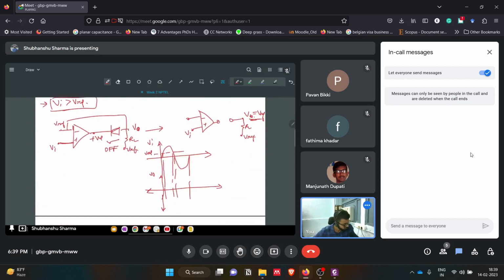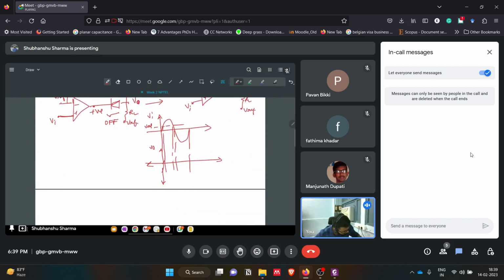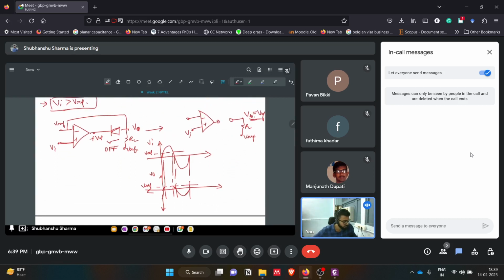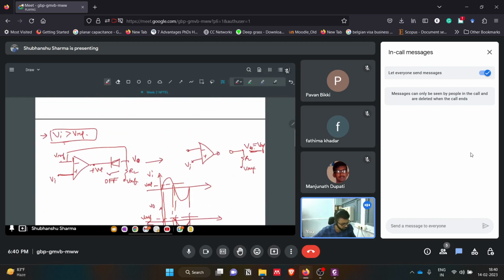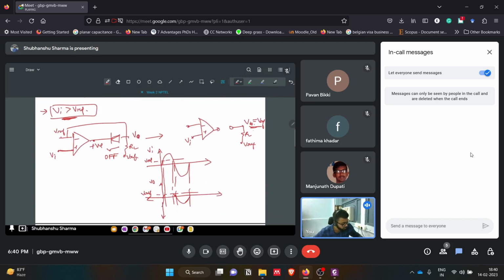So this will be like this. This all is less than V reference. And for V input greater than V reference, we got V output as V reference. So this will be cut down. We saw that this part of the input voltage was being clipped off.